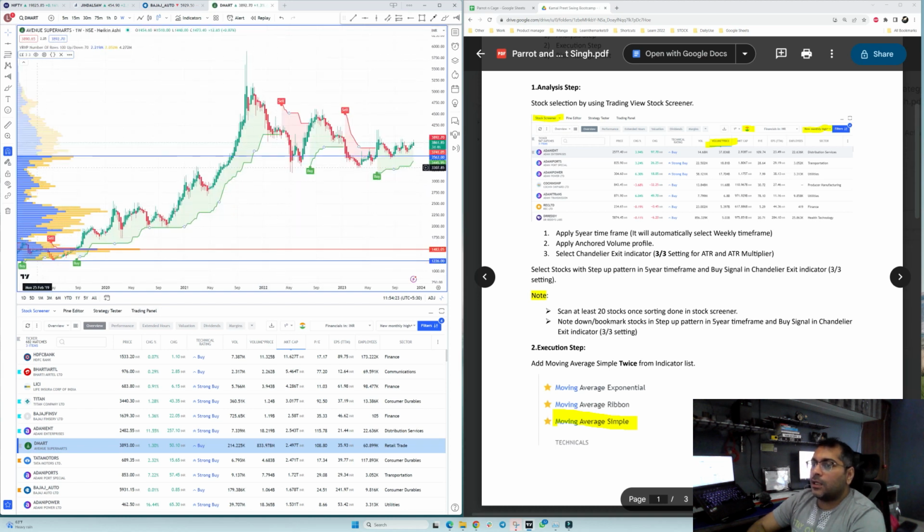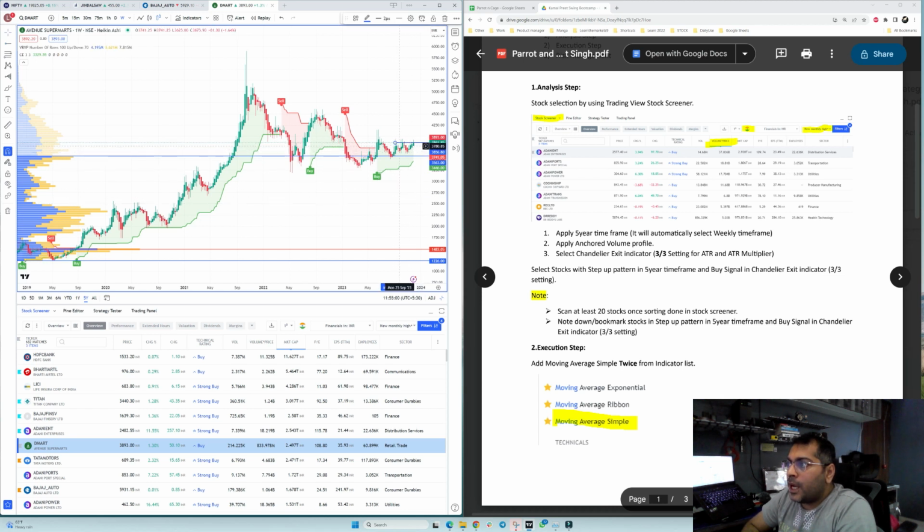So this is the DMART chart on 5 years time frame. Volume profile is selected. CE indicator is selected. If you will see here on the stock, on 4th of September 23, the candle came outside of the upper band. So what we would do is we would mark a horizontal ray with magnet selected here.